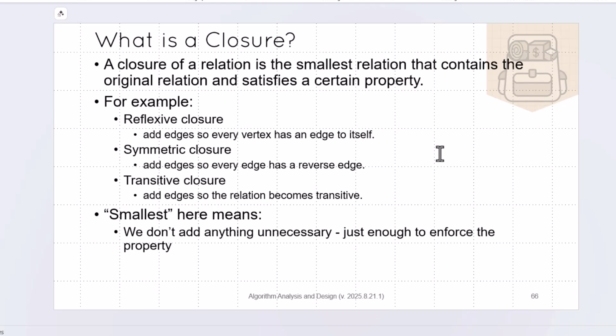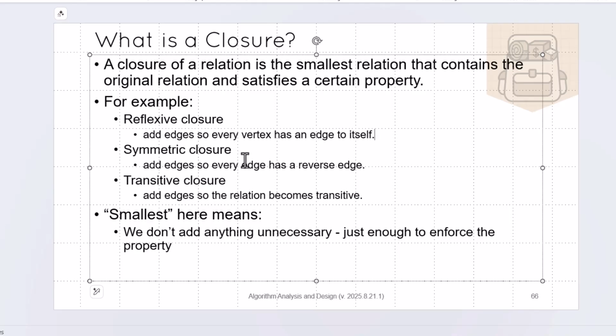Another term you need to know for the next set of slides is a closure. What is a closure? A closure of a relation is the smallest relation that contains the original relation and satisfies a certain property. For example, reflexive closure means that we add edges so that every vertex has an edge to itself, so it's reflexive, like a mirror image, your reflection.